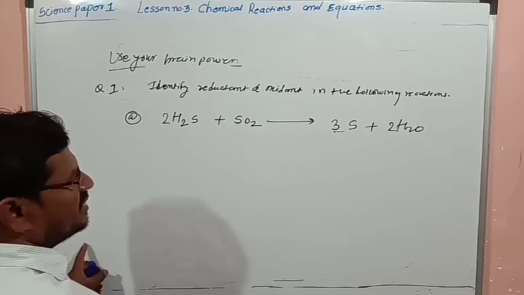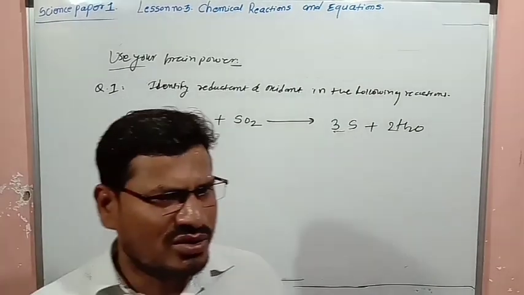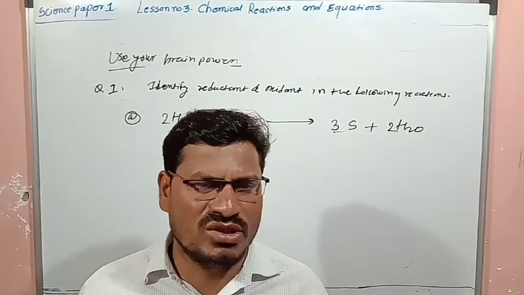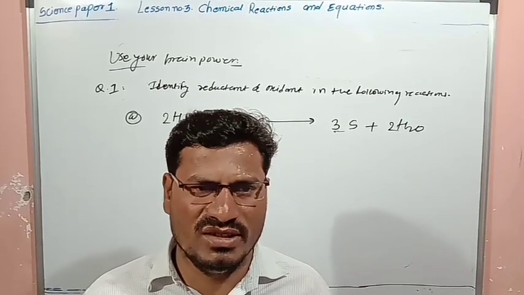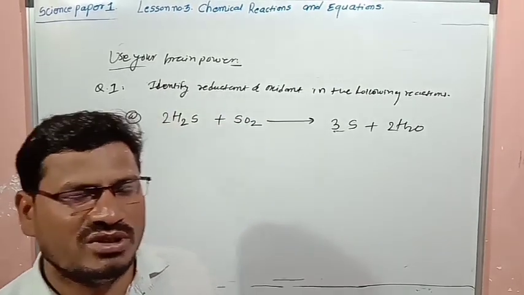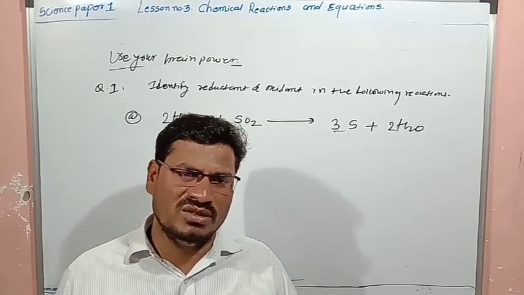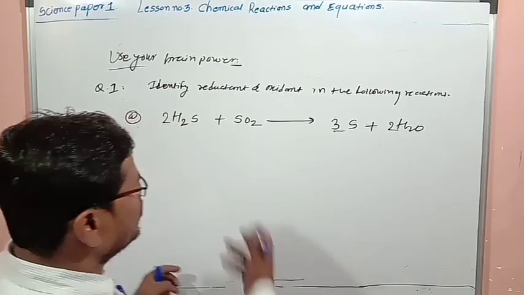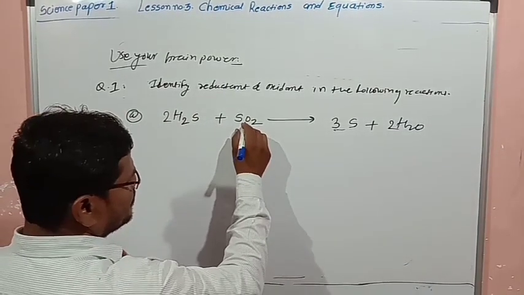So it is very easy to understand. Substances which have oxygen are called oxidizing agents, and substances which have hydrogen are called reducing agents. And here who is having oxygen?